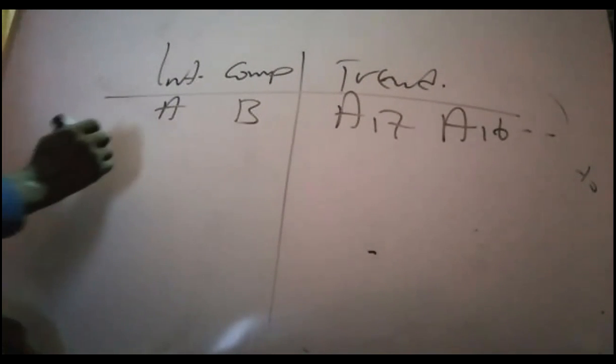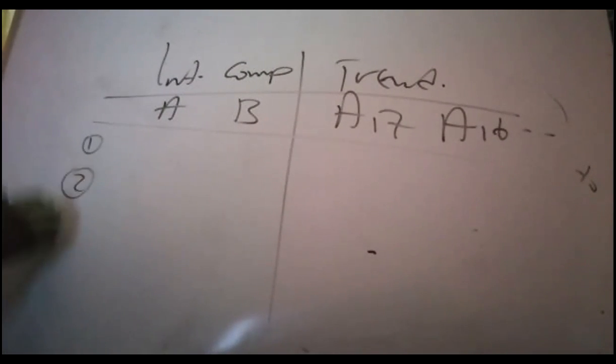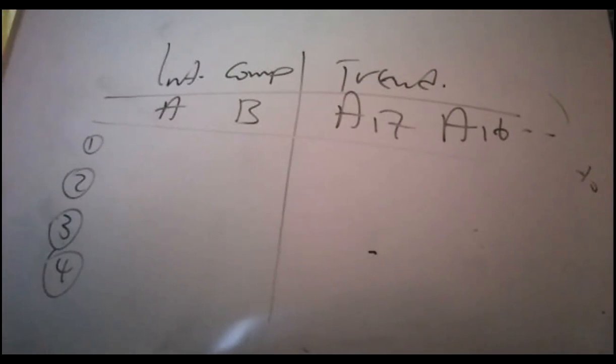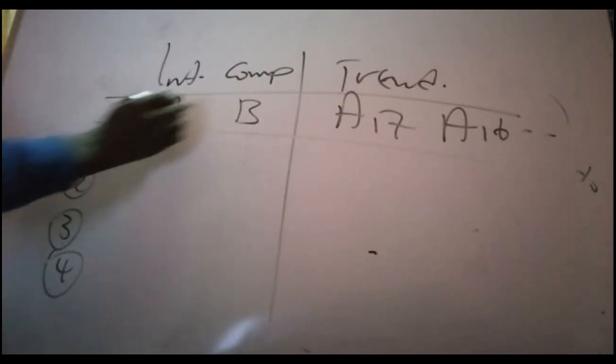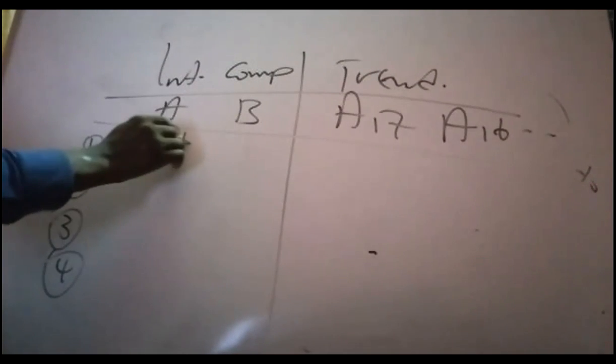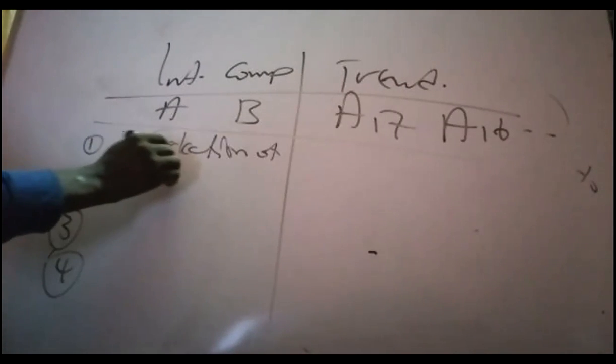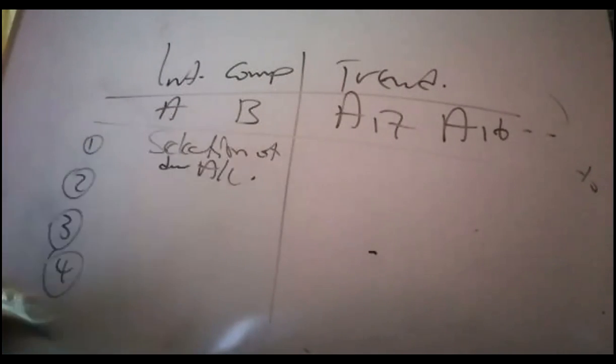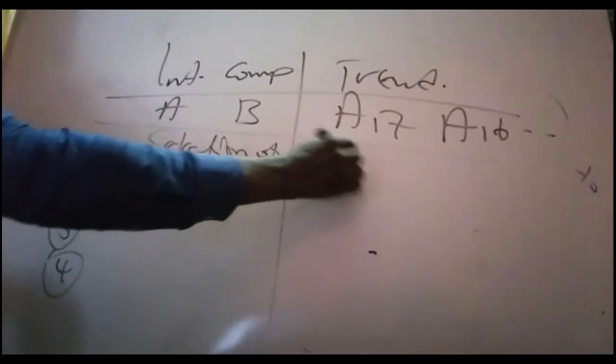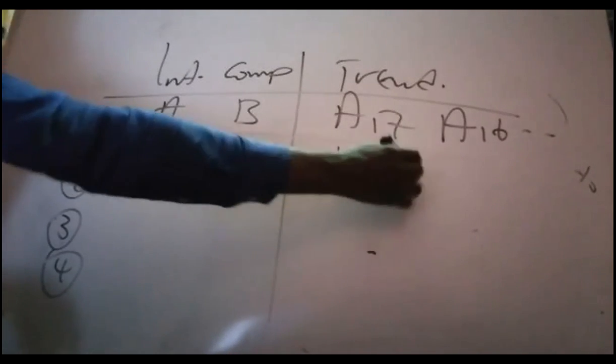For instance, the limitations, number one, selection of different accounting policy. Here it will be changes in accounting policy.